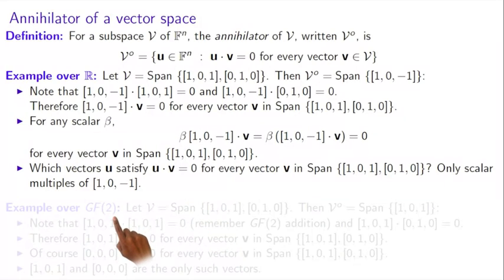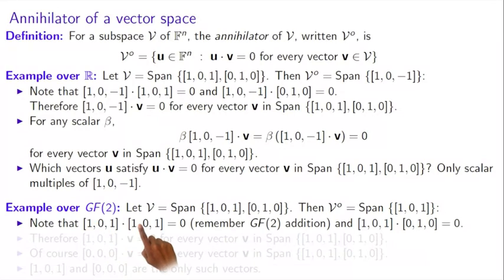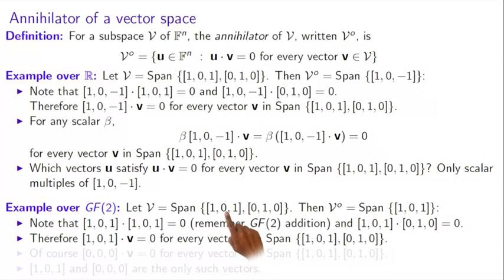Now an example over GF(2). Let V be the span of these two vectors. Then I claim the annihilator of V is the span of the set consisting just of the vector (1, 0, 1). Note that over GF(2), (1, 0, 1) has a zero dot product with each of these two vectors. So it has a zero dot product with every vector in the span of these two vectors.